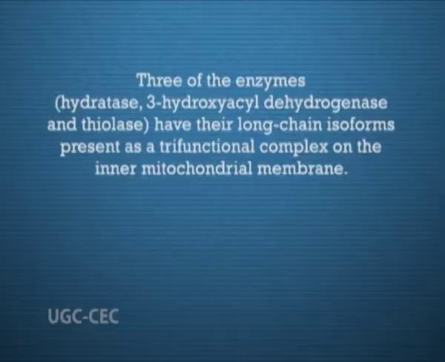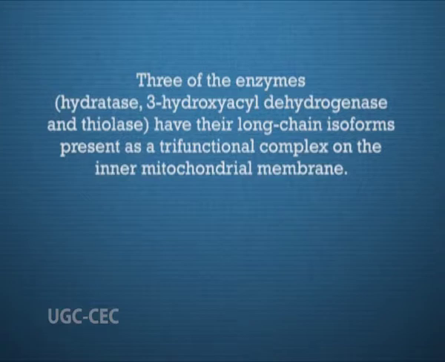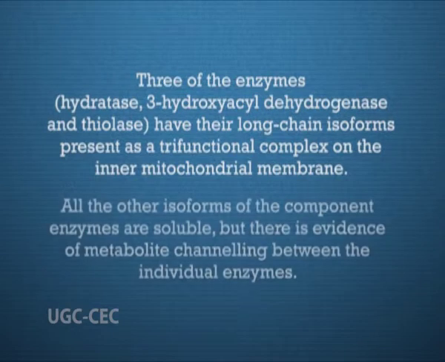Thus, for the efficient degradation of typical fatty acid substrates, the different isoforms must cooperate. 3 of the enzymes, hydratase, 3-hydroxyacyl dehydrogenase, and thiolase, have their long-chain isoforms present as a trifunctional complex on the inner mitochondrial membrane.